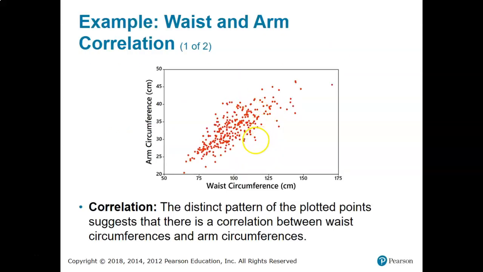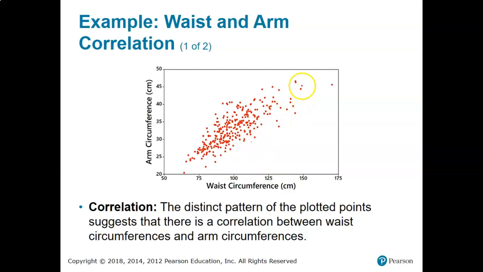So here would be an example, if you're comparing waist circumference to arm circumference, you've got the plotting of all the points of the data. And in doing that, if it forms roughly a straight line, I've also heard it said if it's kind of cigar shaped in nature, then a correlation exists between those two.